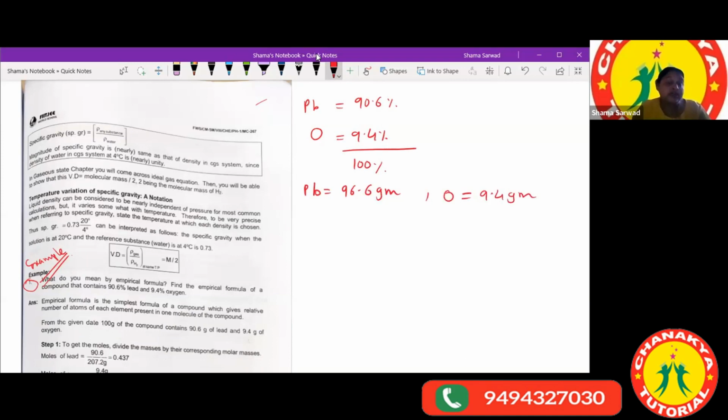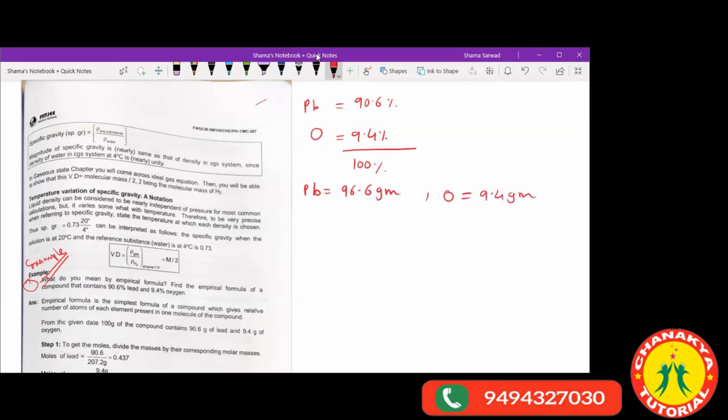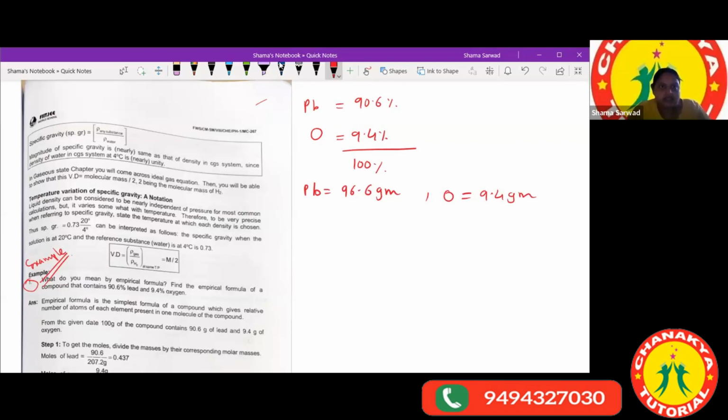Understood? We have to convert the percentage into grams. Ma'am, you wrote lead 96. Oh, I'm sorry, I wrote 96. It would be 90.6, correct. Fine, thank you. Yes, this is your first step.